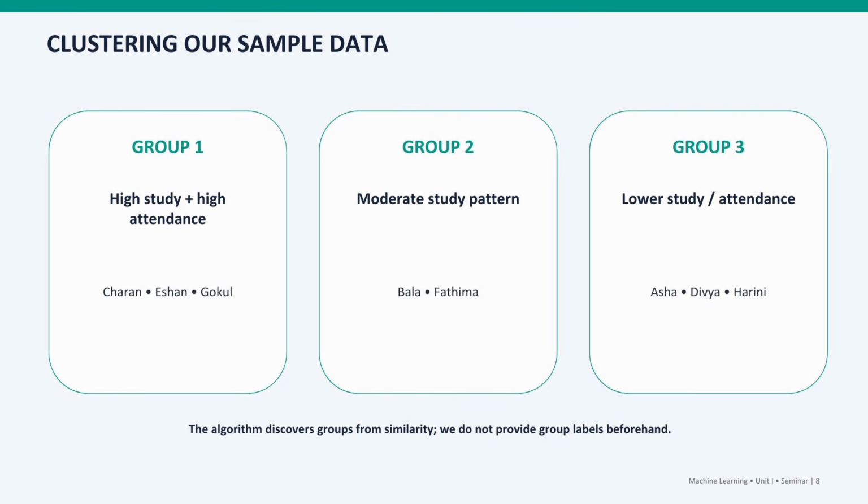The important thing to understand is that these groups are not given to the machine beforehand. The machine discovers the groups based on similarities in the data. Therefore, clustering is an example of unsupervised learning. The main idea is that similar data points are grouped together.